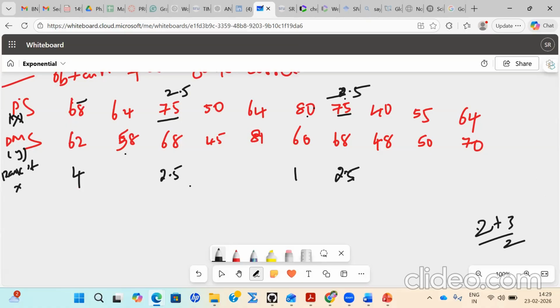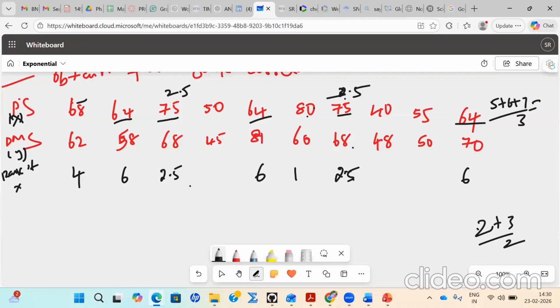Okay, next. What is the next highest? After 68, it is 64, because we have more: 1, 2, 3 of them. Now what are the ranks that we need to allot? 4 is over, so 5, 6 and 7. Take the average of those: 5 plus 6 plus 7 by 3. How much? 6. So now he will also get 6, and he will also get 6.